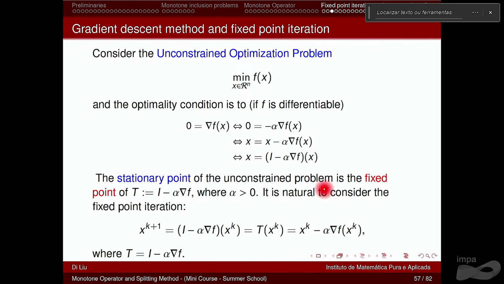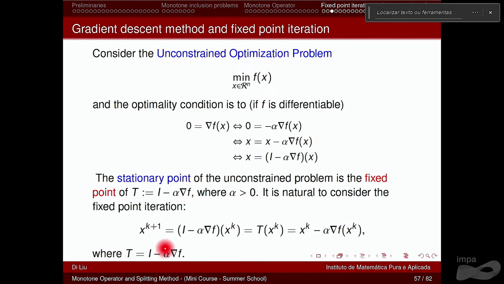Then it is natural to consider, instead of solving these problems, whether we can use a fixed point iteration with respect to this operator to find the fixed point of this operator, and thus the stationary point of the corresponding problem.